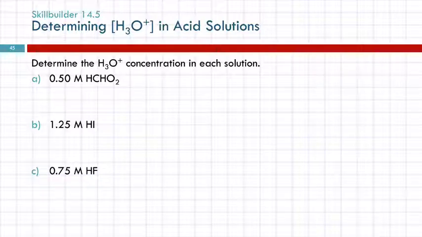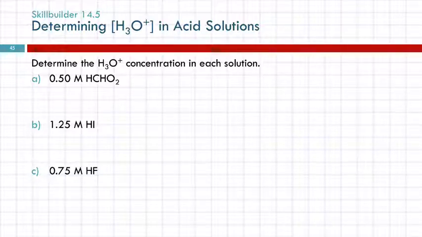If it's a strong acid, the hydronium ion concentration will be the same as the concentration of acid because all of it ionizes. If it's a weak acid, it will be less.